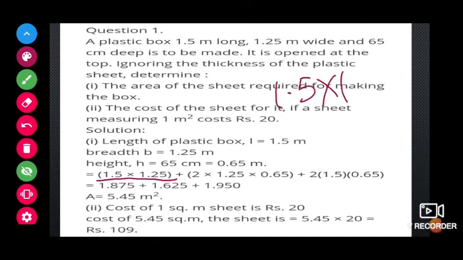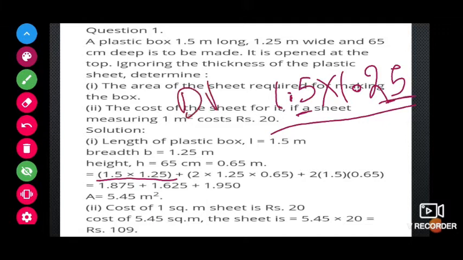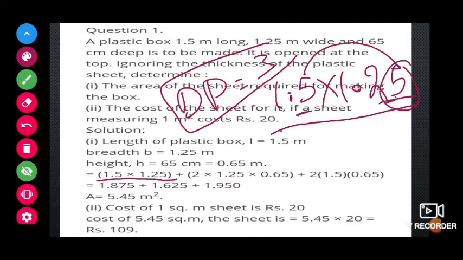1.5 into 1.25: first remove the decimal point. Here one decimal place is there, here 2 decimal places are there, so the total decimal places will be 3. Now multiply as normal numbers, like 15 into 125. Multiply directly 5 into 15, 75.